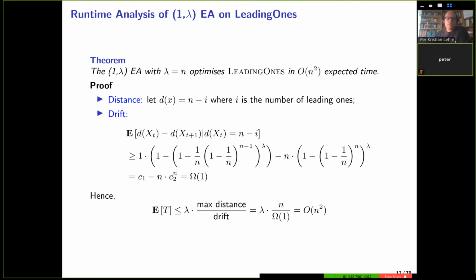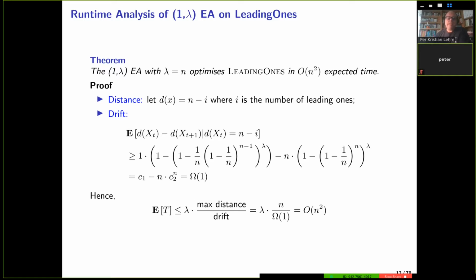Okay, so in order to reduce the distance by at least 1, it is sufficient that at least 1 out of lambda offspring do not flip any of the first i bits, and that we flip at the same time the first 0 bit in the bit string.